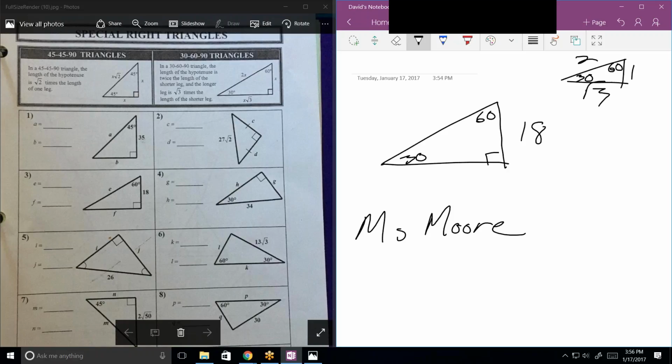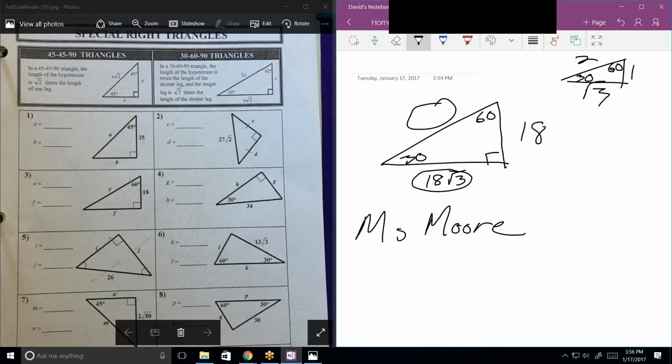Okay. So the similarity ratio is 18 to 1, which means this side has to be what? 18 square root of 3. That's the answer. 18 root 3.